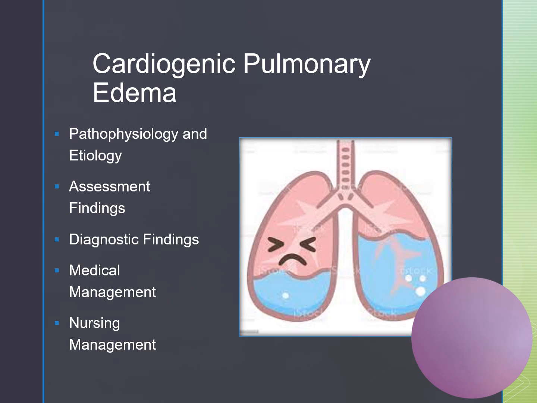Morphine is a really interesting medication when we're talking about respiratory issues. It's going to do a multitude of things. It's going to decrease myocardial oxygen demand, so the heart does not require as much oxygen.